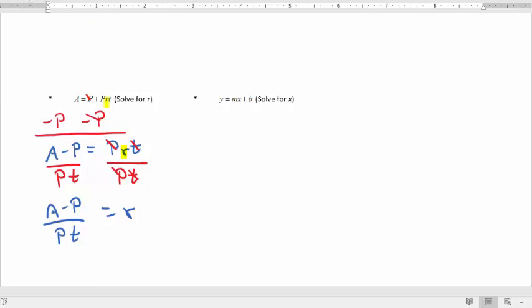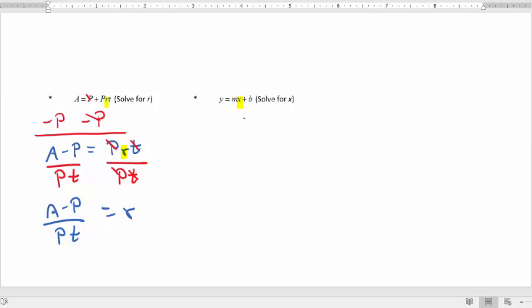Okay, and then this last one here, y equals mx plus b, solve for x. Well, you probably recognize that as the slope-intercept equation of a line, which we will get into later this unit. So we're asked to solve for the x. But again, you could have solved for m or b also. Right now it's solved for y, and we're going to solve it for x. But we could also solve it for m or for b.